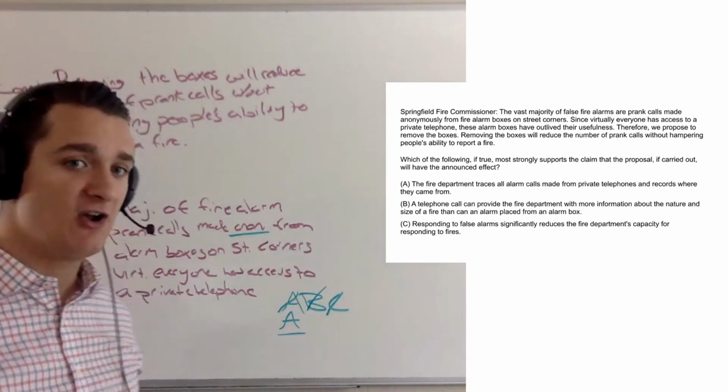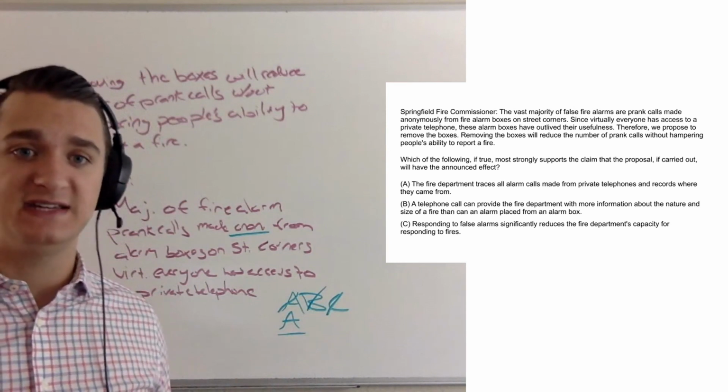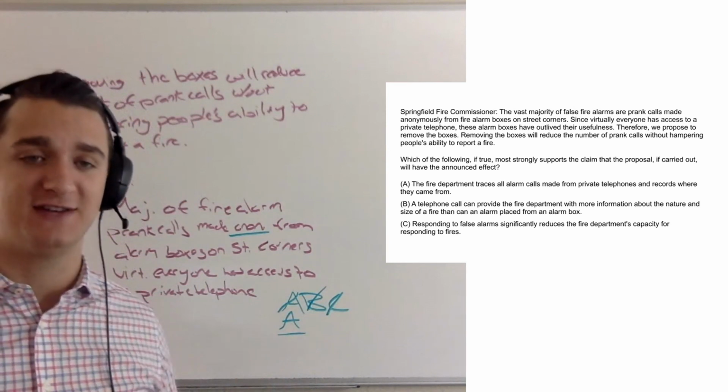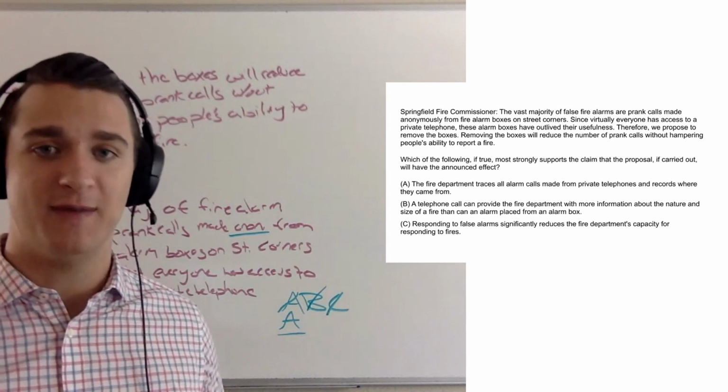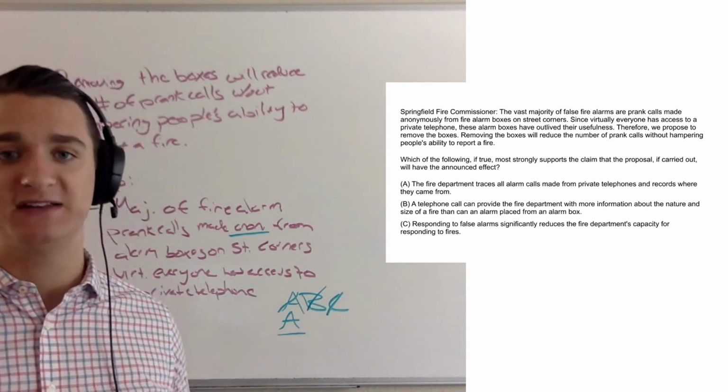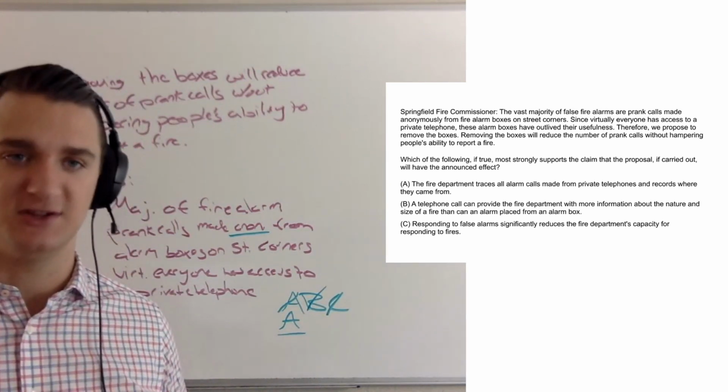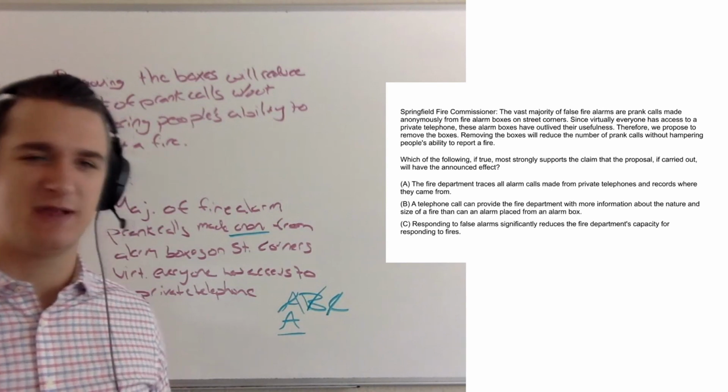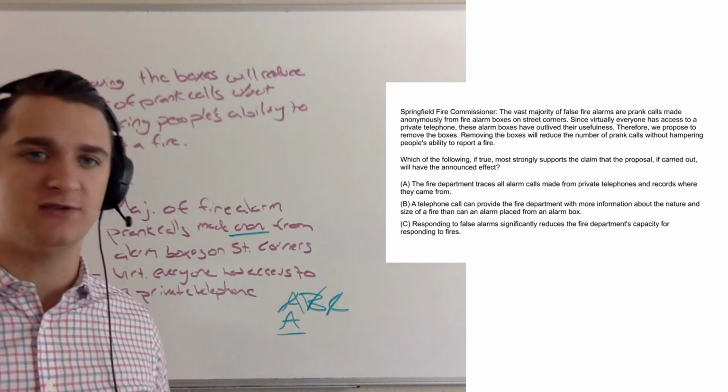You can see how easy it is to say A is irrelevant because it's about private telephones when the passage is all about alarm boxes, but it's not irrelevant or out of scope when you think about its implications.